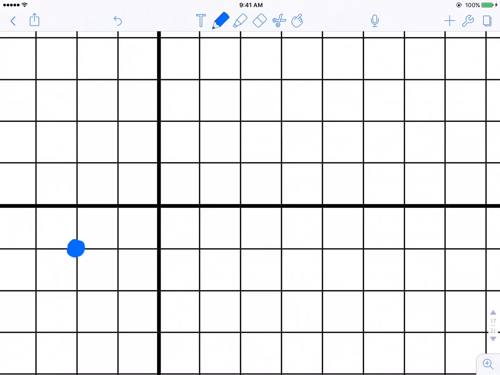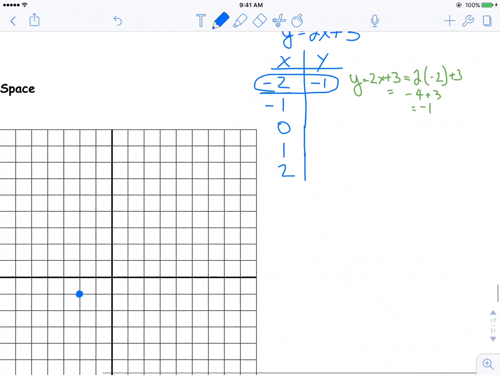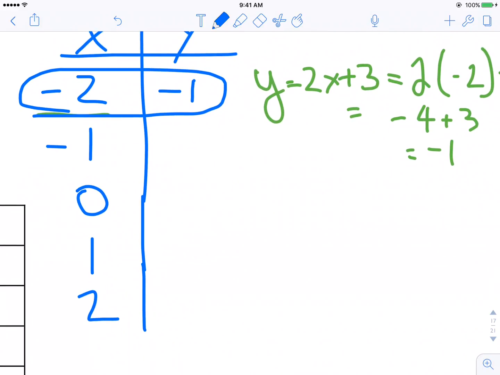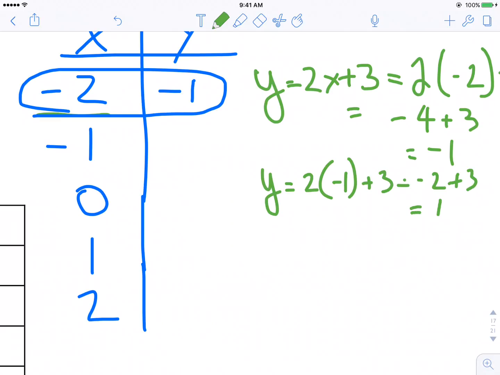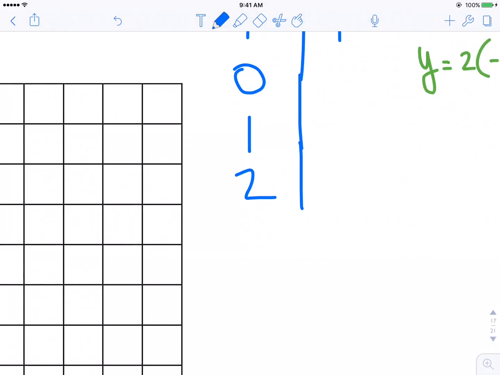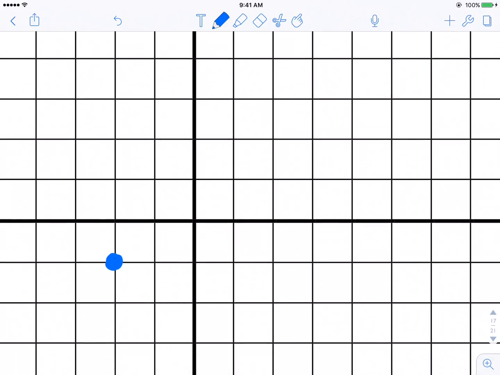There's my first point. And I continually do that work for each of these coordinate points, -1, 0, 1, and 2. So if it's -1, I'm going to say, well, if y is equal to 2 times -1 plus 3, which is equal to -2 plus 3, which is equal to 1, this becomes a 1. I plot that point, -1 and 1.